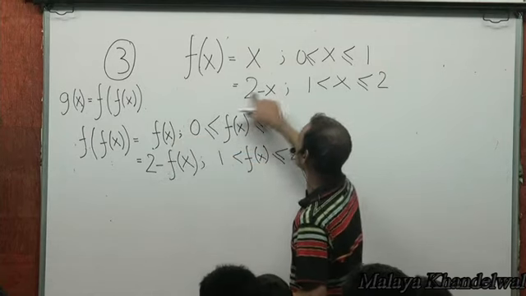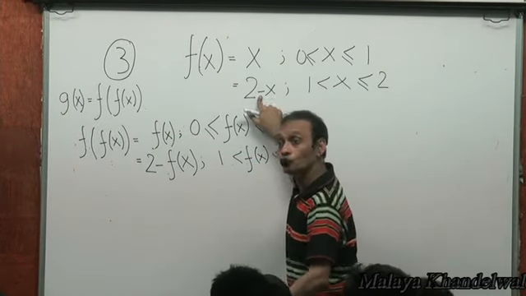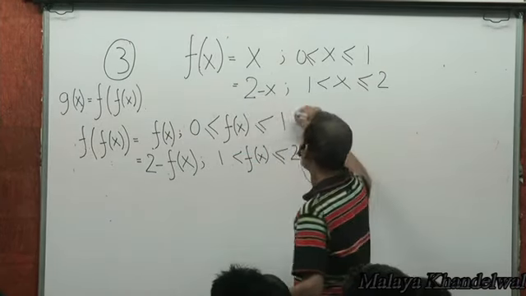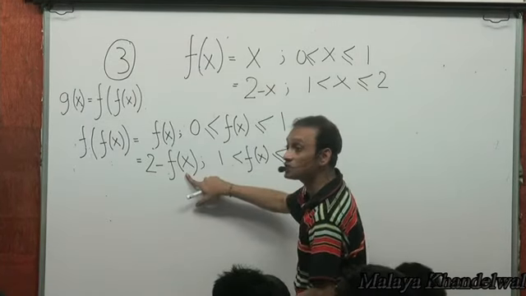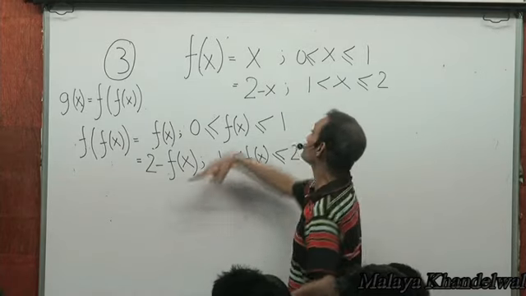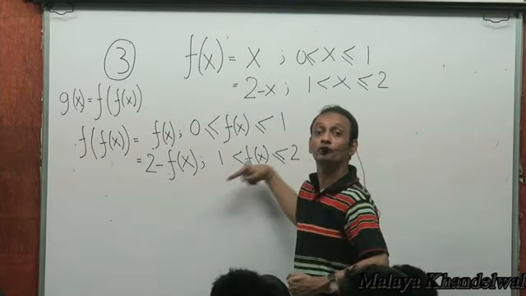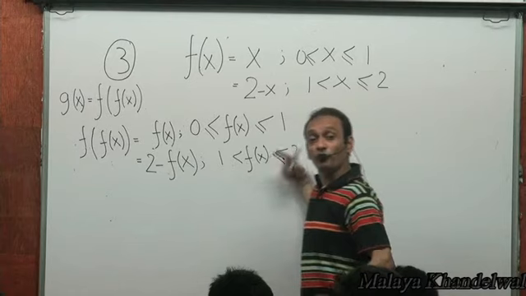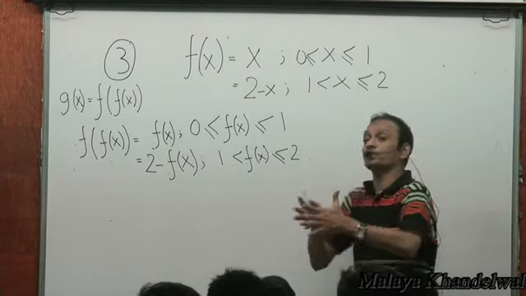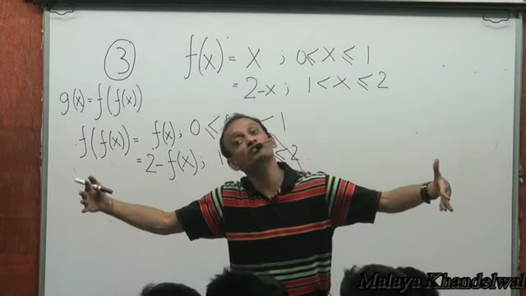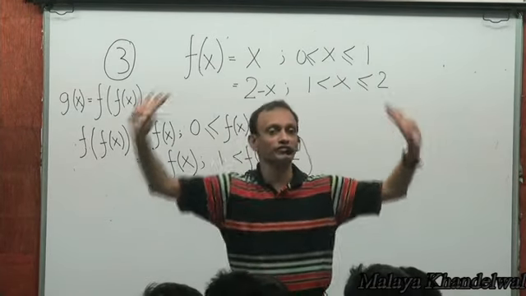The other line of description commensurate with f(x) equal to 2 minus x. So this would inflate into two lines of description. Same with this. In this line of description also, f(x) could either be x or could be 2 minus x. And therefore, this will also inflate into two further lines of description. So in all, this would really lead to 4 lines of description of f of f(x). Yes or no?